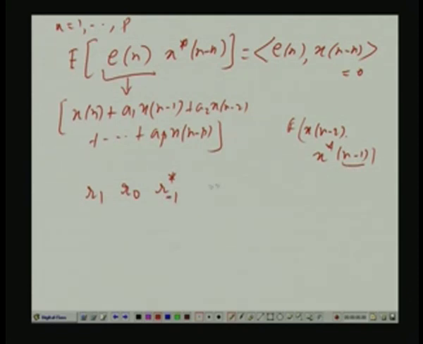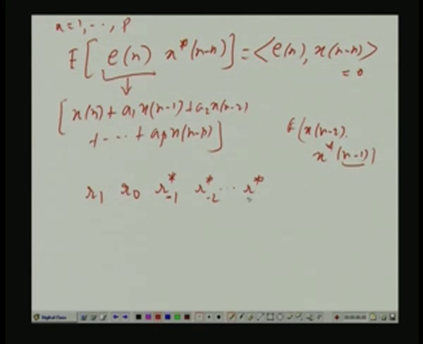R star minus 1. If you call this index m, whatever the index, then this minus this, n minus 2 minus within bracket n minus 1. So, there is minus 1. Then R star minus 2 dot dot dot R star, when the last term you take, this is equal to what? X n minus p, that times x star n minus k n minus 1.